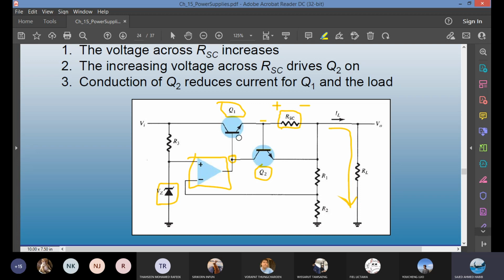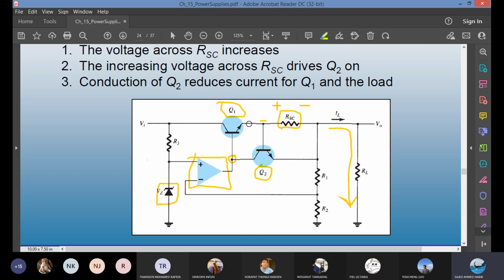Whatever goes as the IB1 of transistor Q1, now it is shared by Q2 due to the connection with its collector. When IB is less, now we know Q1 conduction becomes less.